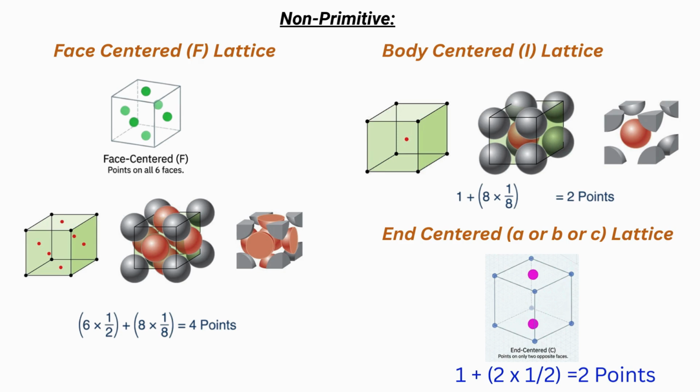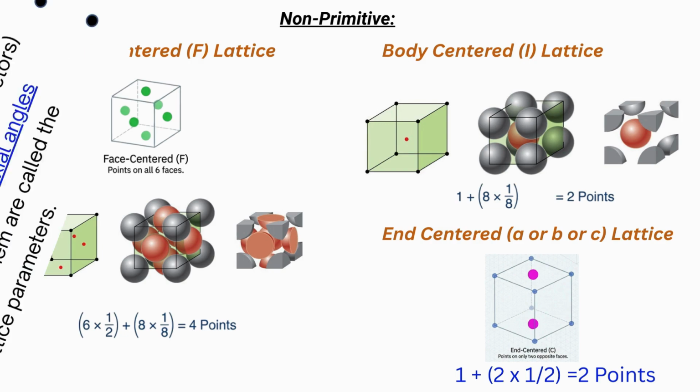So totally we take 4 points in a face center lattice. Similarly, the body center will have 2 points because the corner point is 1 by 8 and the center point is not shared by any other adjacent unit cell. So it contains a maximum of 2 points. Similarly, the end center also will have 2 points.